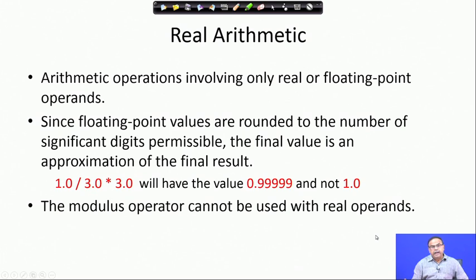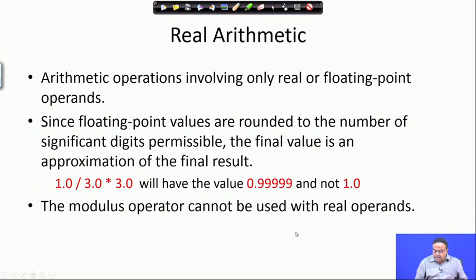On the other hand, real arithmetic is arithmetic operations involving only real or floating point values. For example, here you can see this expression 1.0 divided by 3.0 multiplied by 3.0. Now, all these are operands. Here I would like to introduce a term.